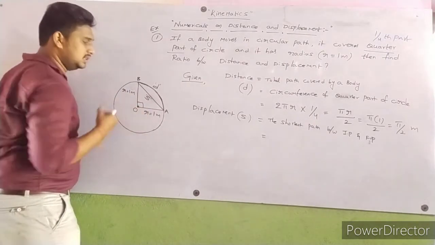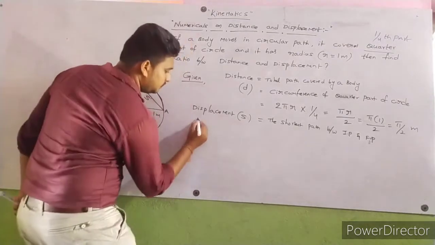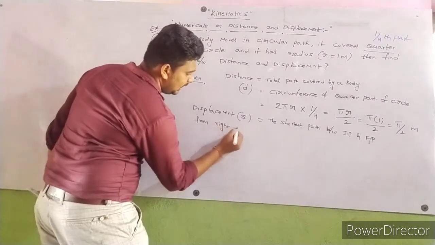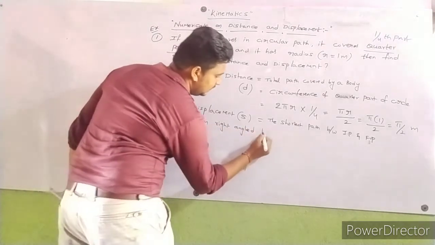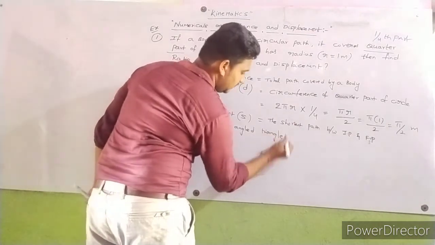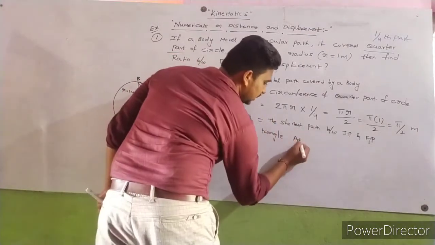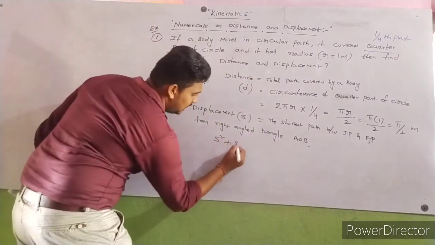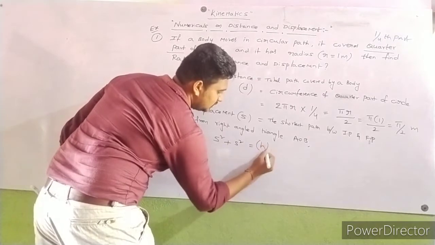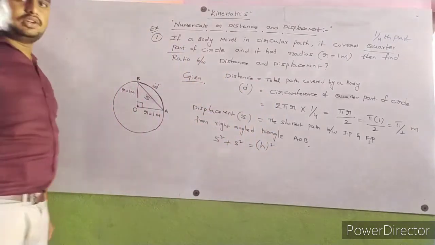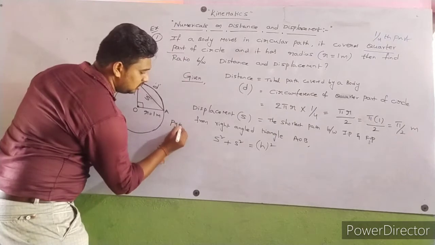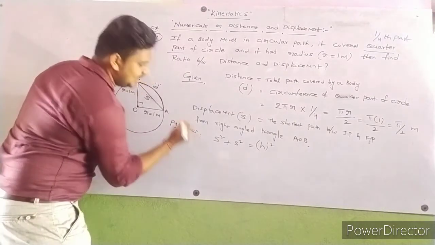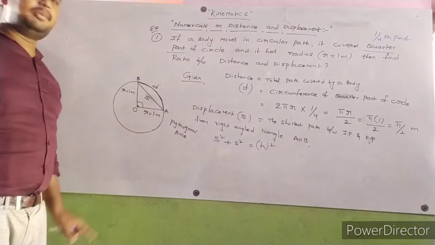I'll consider this point as O. From the right angle triangle AOB, by the Pythagoras rule, side square plus side square is equal to hypotenuse square.